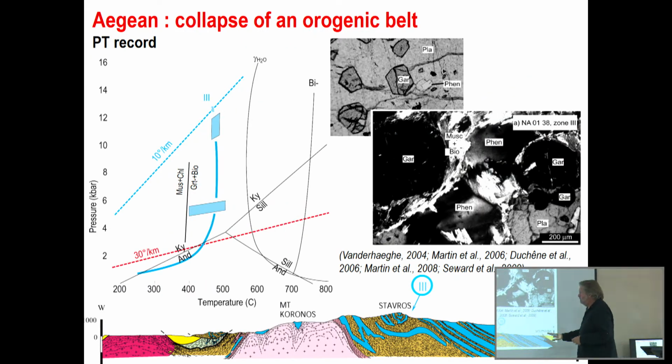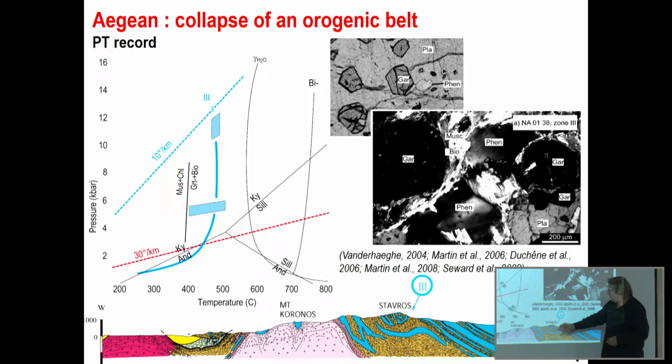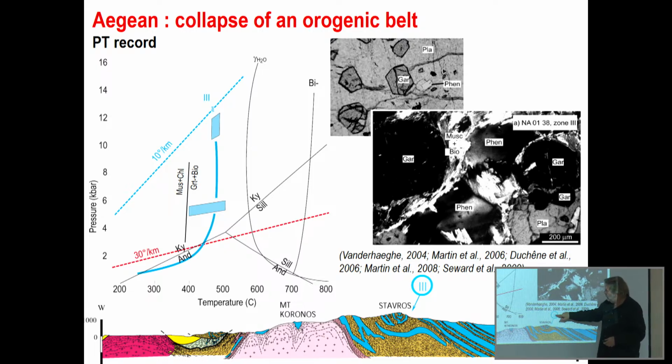So now we're going to go across that metamorphic gradient with different samples, starting from here, which was called zone 3 by the isograd map of Jensen, and then we move towards the migmatite.